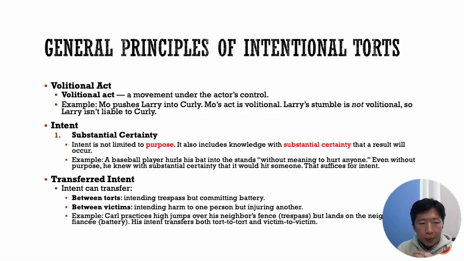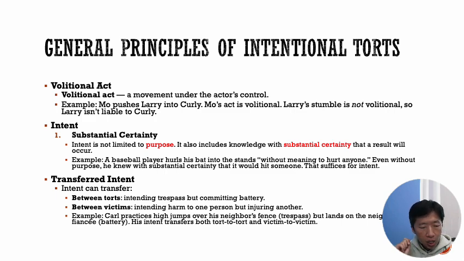For example, if a person throws a bottle into the crowd, and the person can claim, I don't want to hit anyone, but the point is, his action is still subject to intentional tort because he has a substantial certainty that the result will happen. Once he has the knowledge of the substantial certainty that the result will happen, that also constitutes intent.